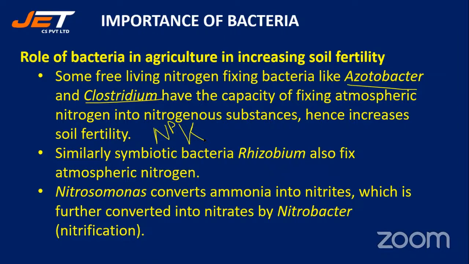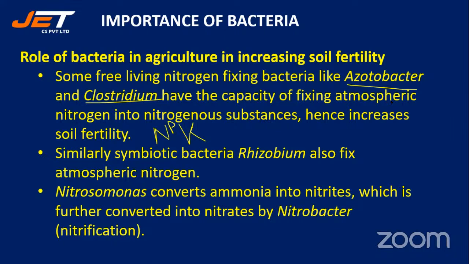Now, these plants don't have the ability to fix nitrogen. So they can't use the nitrogen obtained from nature. They will ask for some bacteria to do it for the plant. So what is this bacteria doing? These bacteria reside in the roots of these plants, like Azotobacter and Clostridium.